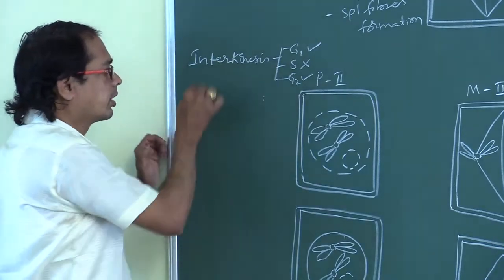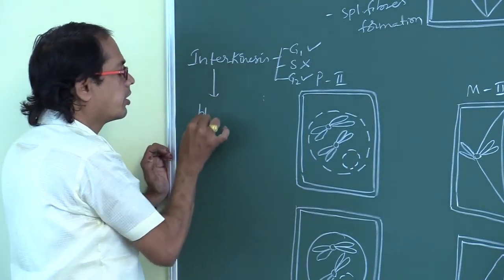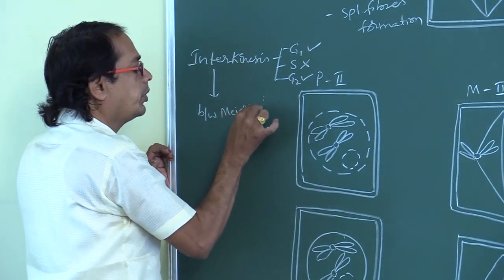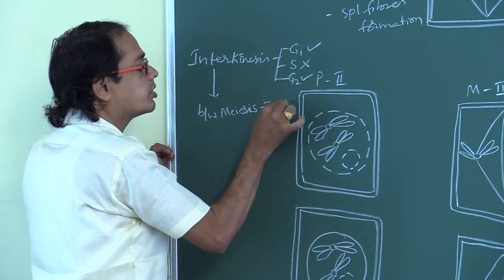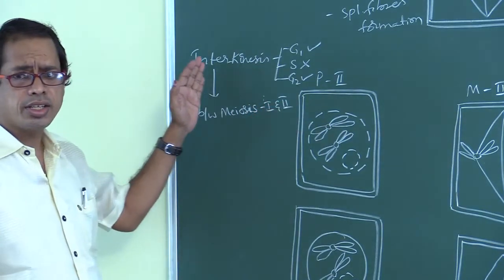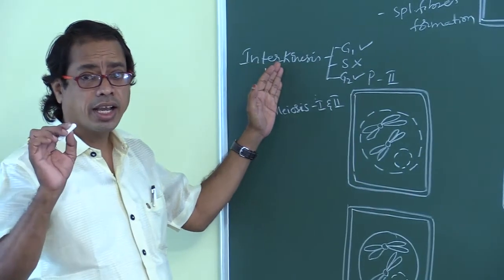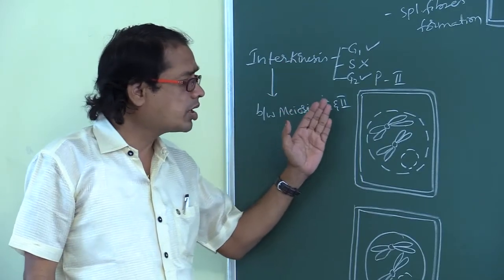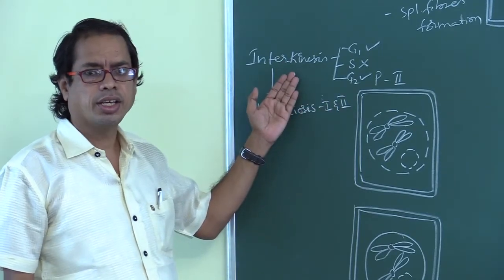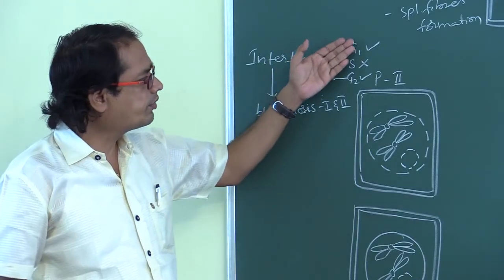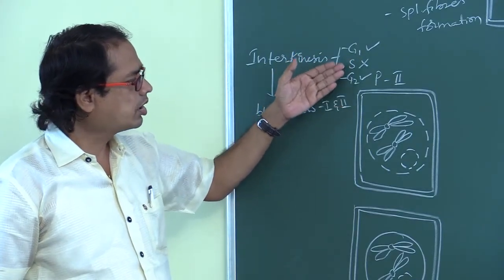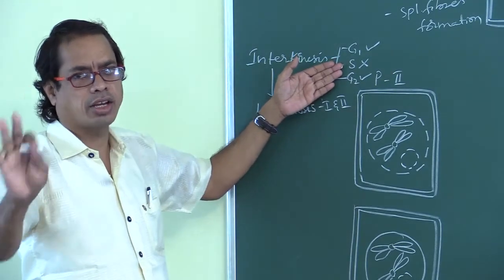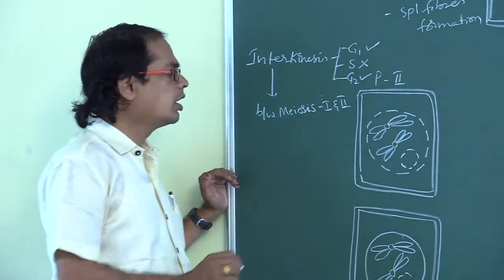What does enterokinesis mean? The phase between meiosis 1 and meiosis 2 is called enterokinesis. G1 and G2 phases occur, but not S phase, that is, no DNA replication. And it is short-lived.